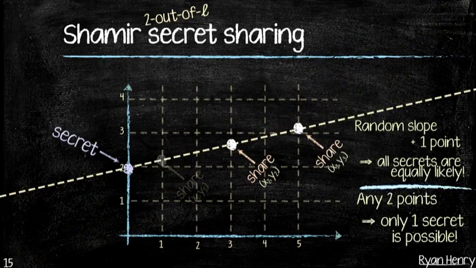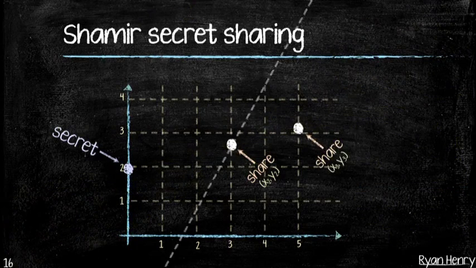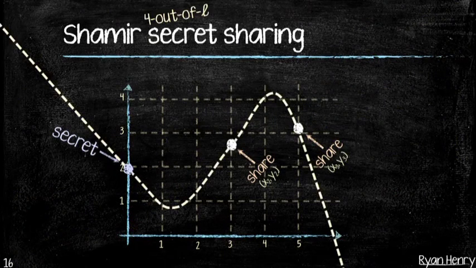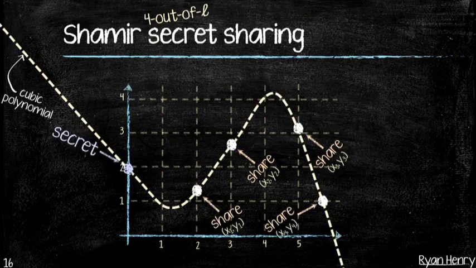So this is how you do the 2 out of L version. We want a slightly more general version where there's potentially more shareholders required to come together. Here I'll show the 4 out of L version. The idea is very similar. We let the secret be this point on the y-intercept, but now instead of passing a line through the point, we pass a random polynomial, in this case of degree 3, through the secret, and then we give different points on this polynomial to each of the shareholders.